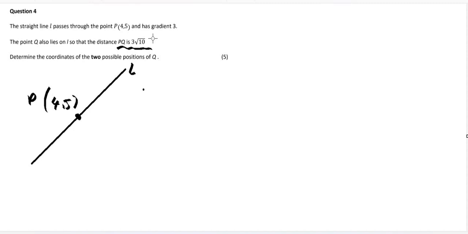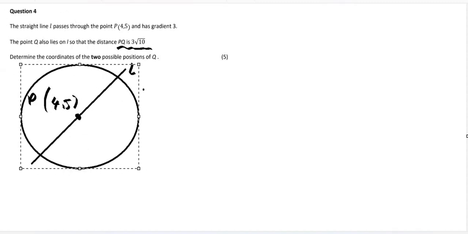So if you imagine what that means is that Q could be here or Q could be here. So there's two possible points for it to be.